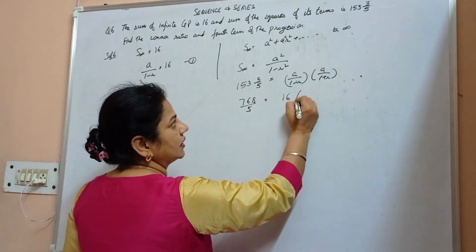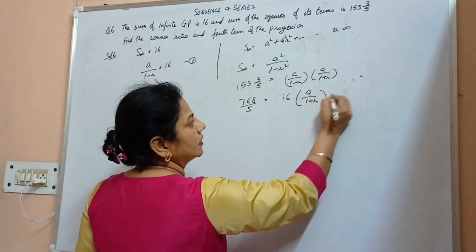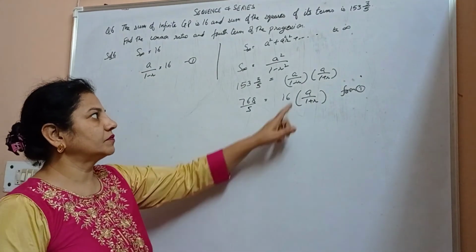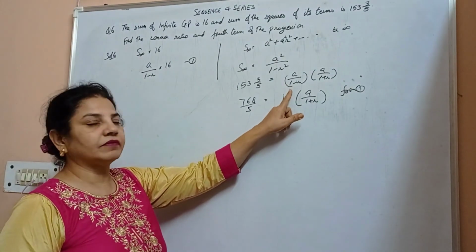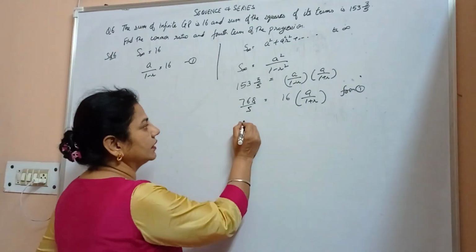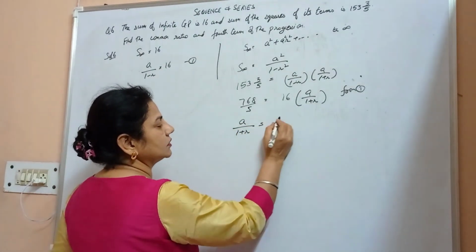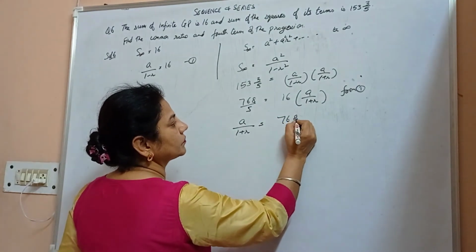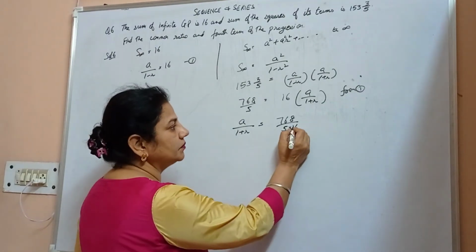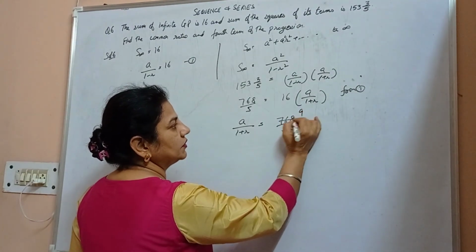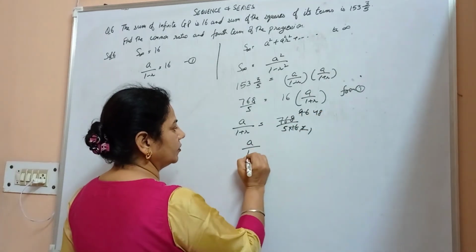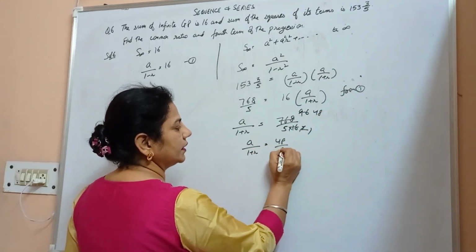So I can substitute the value here. I get 16 times a upon 1 plus r. From equation 1, I just substitute the value of a upon 1 minus r as 16. So the result is a upon 1 plus r is equal to 768 upon 5 divided by 16, which gives a upon 1 plus r is equal to 48 by 5.